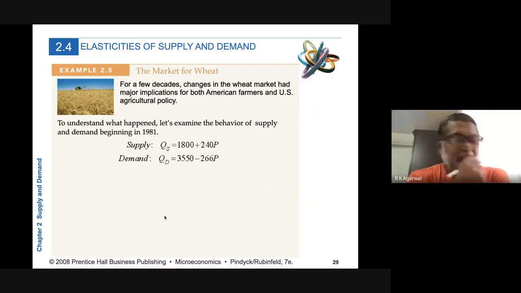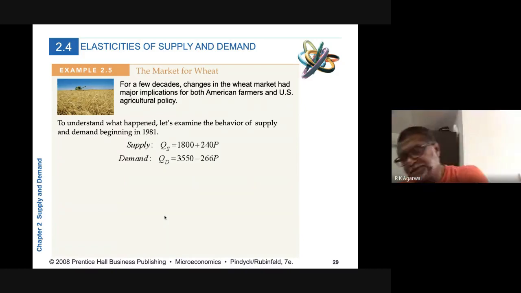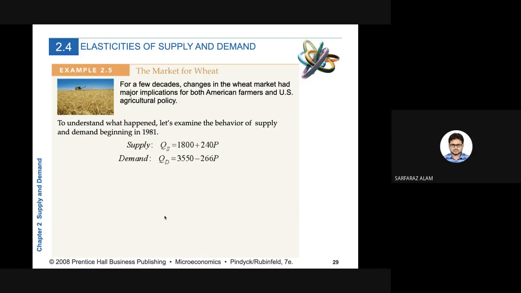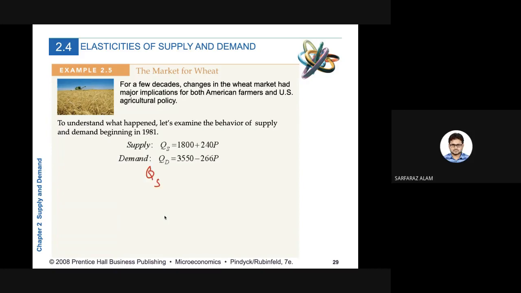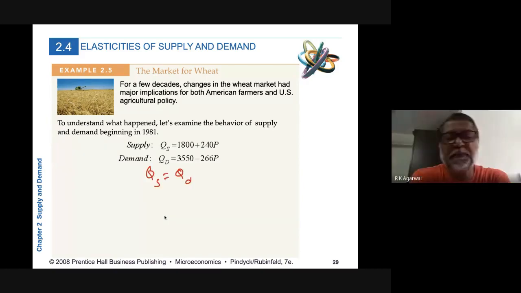Okay. So this is the supply curve, this is the demand curve. Now, in order to determine the equilibrium price, tell me what do we do next? Supply equal to demand. So we have to equate the two. Quantity supplied must be equal to quantity demanded.